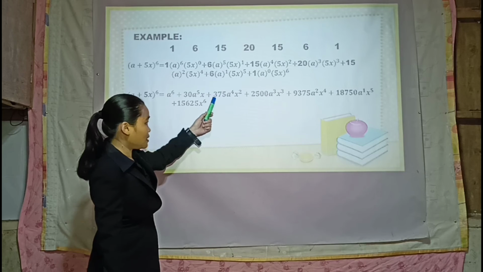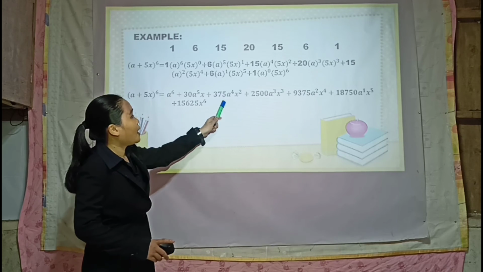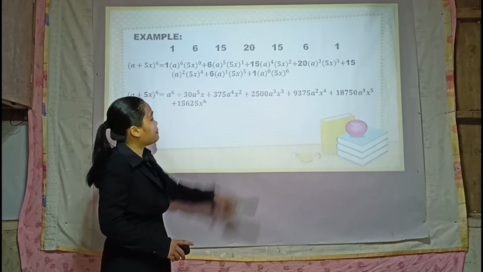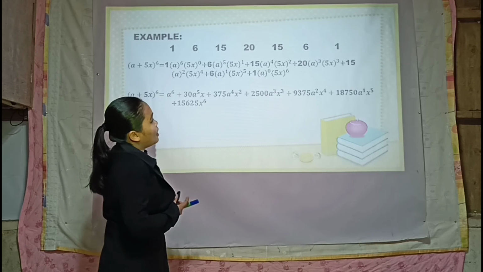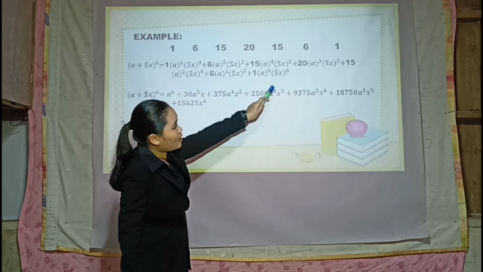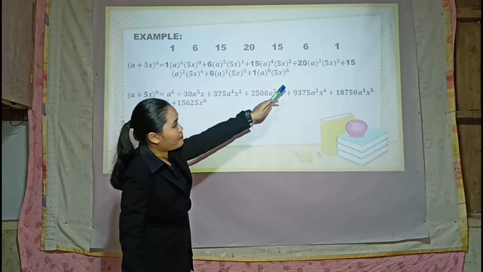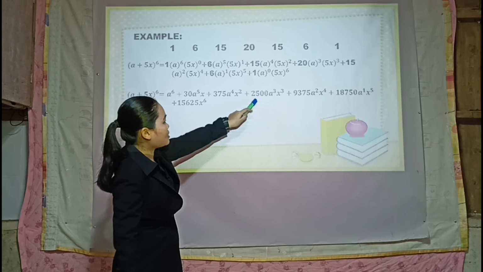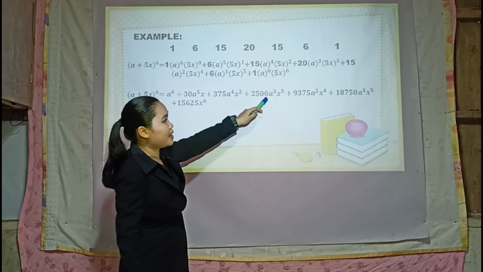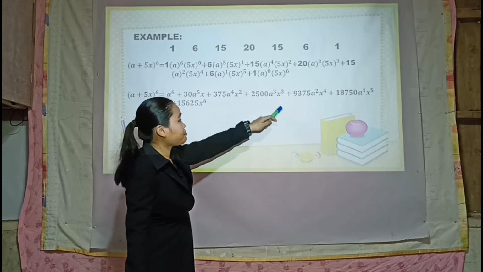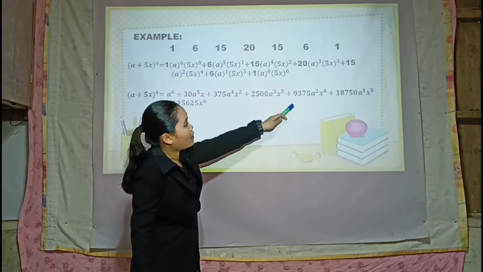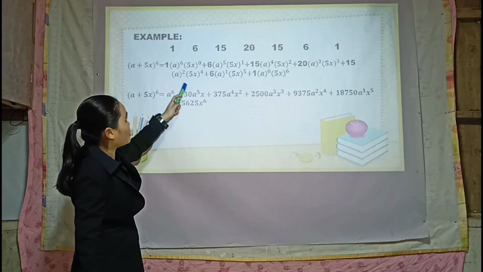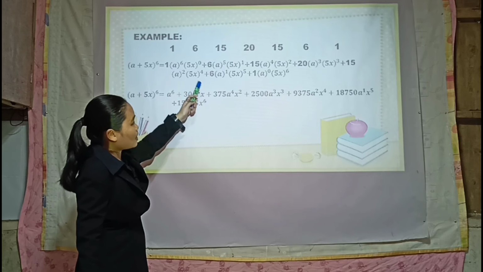The answer is 375a raised to 4x squared plus the product of 20 times a cubed times 5x cubed. The answer is 2500a cubed x cubed plus the product of 15 times a squared times 5x raised to 4.